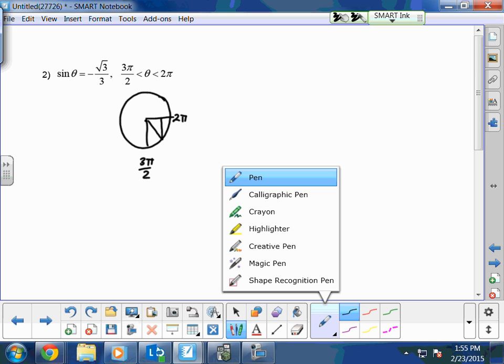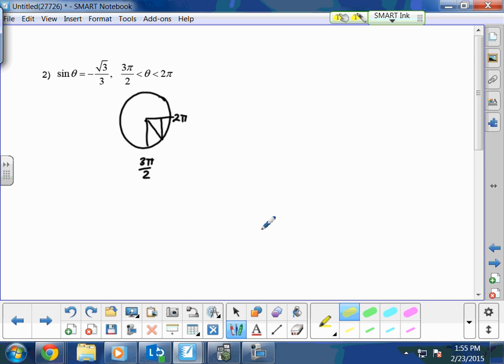It's my quadrant. It's my right angle, my opposite over adjacent. And in this case, since I'm given opposite over hypotenuse, hypotenuse is positive, the opposite is going to be negative square root of 3.